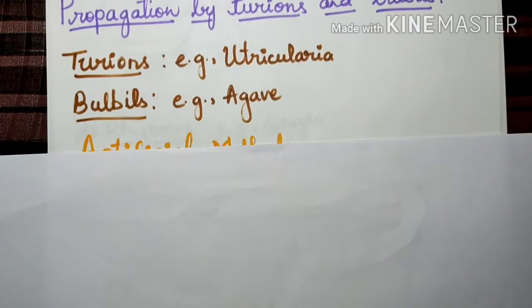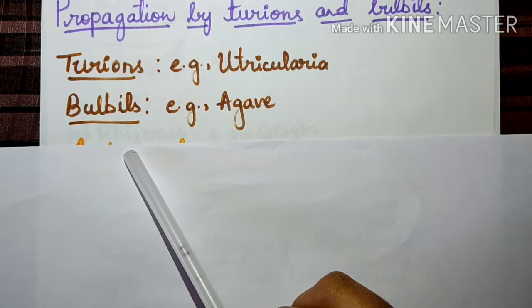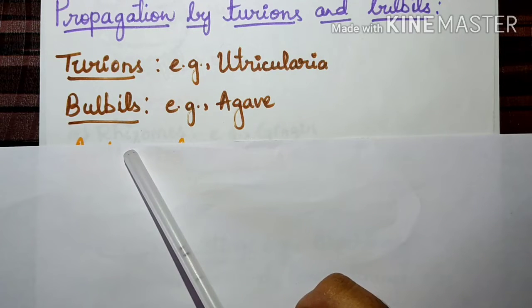The next one is the bulbils of agave. Bulbils are fleshy buds produced in the axils of foliage leaves in place of axillary buds, which grow to form new plants when shed and fall on the ground. In a century plant like Agave species, the floral buds are modified into bulbils, which grow into new plants when shed from the mother plant.